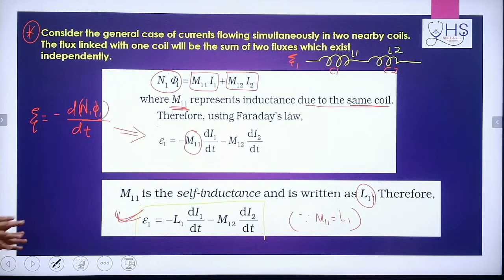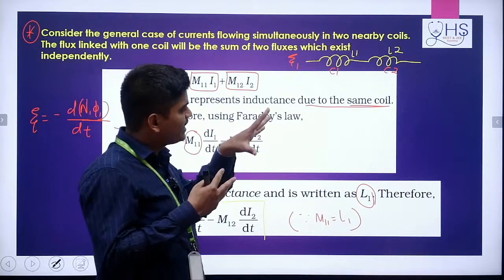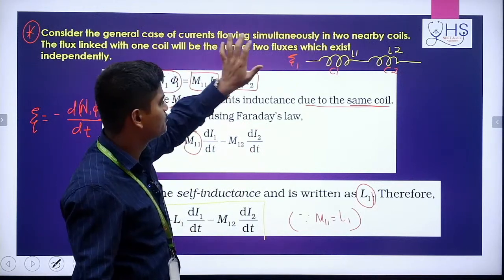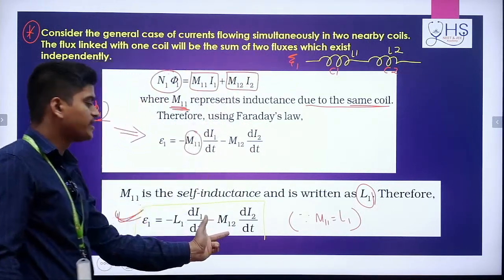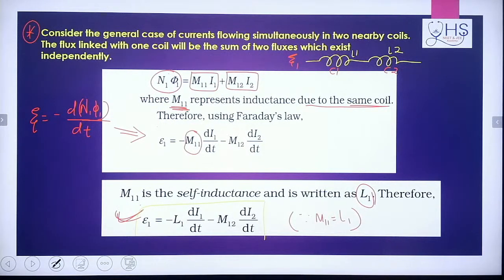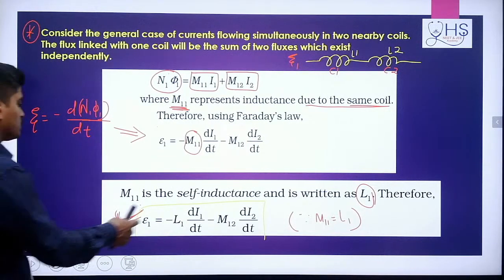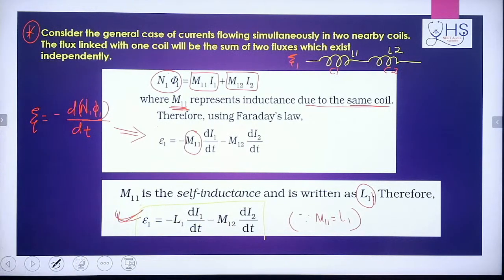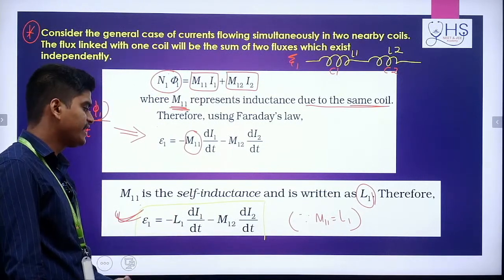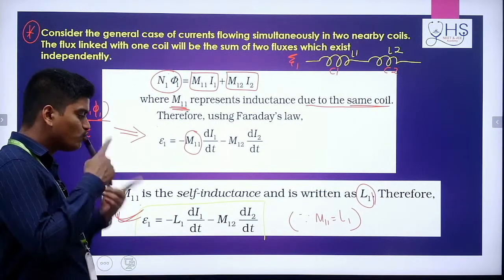If two coils are there in general, then independently some terms exist. One is the self inductance term, one is the mutual inductance term. Both terms are there, and that is what we want to understand here. So in general, you took the coupled things together. Earlier, we were finding EMF equal to L1 di by dt only when one coil was there.